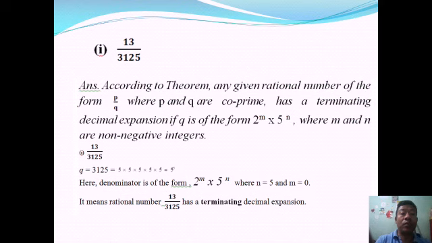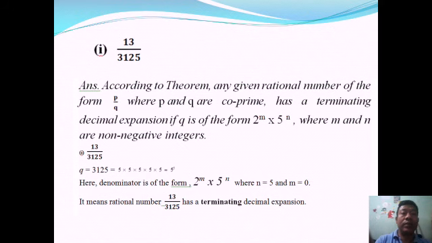Here the denominator is of the form 2 to the power m into 5 to the power n, where n equal to 5 and m equal to 0. It means that the rational number 13 by 3125 has a terminating decimal expansion because the denominator can be expressed in the form of 2 to the power m into 5 to the power n. In other words, the denominator has a factor of 2 and 5 only.